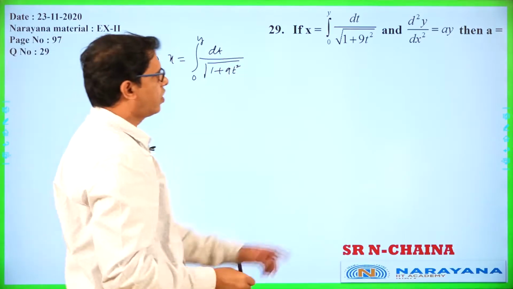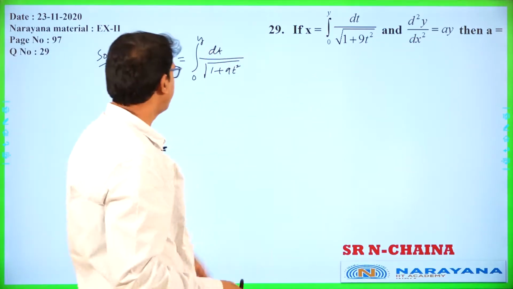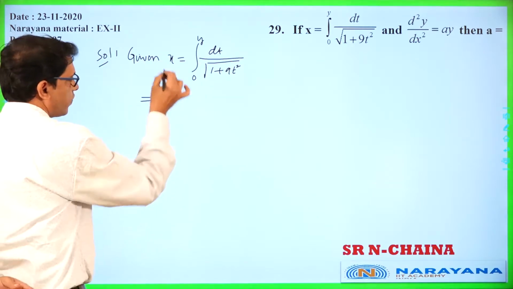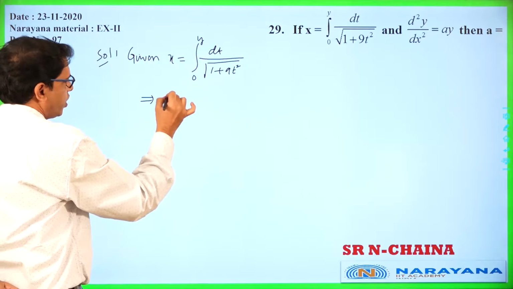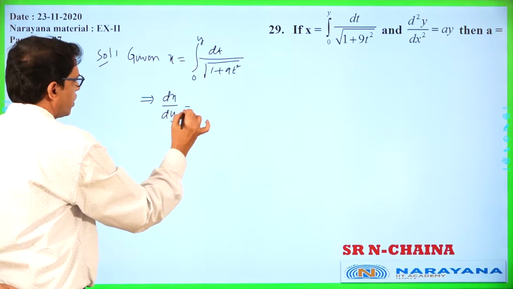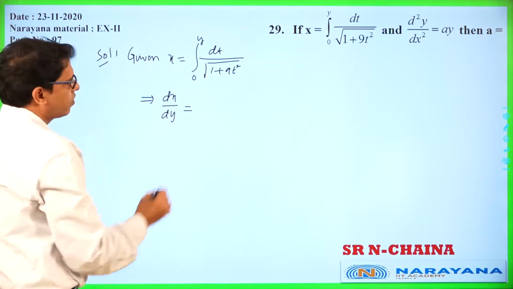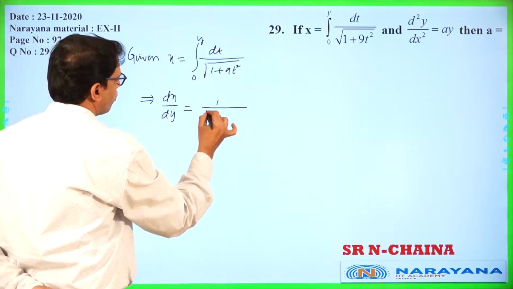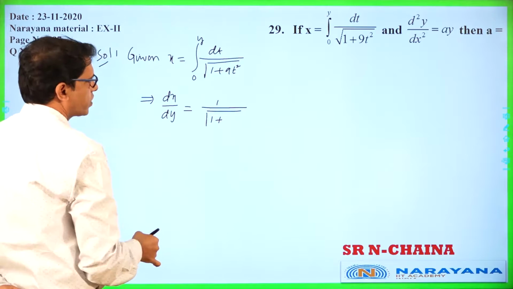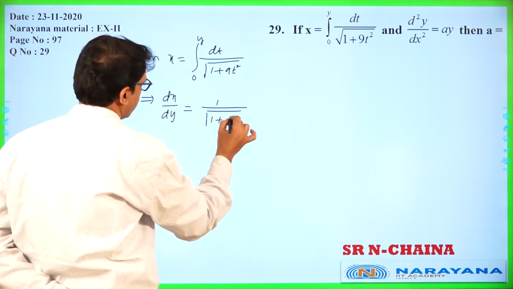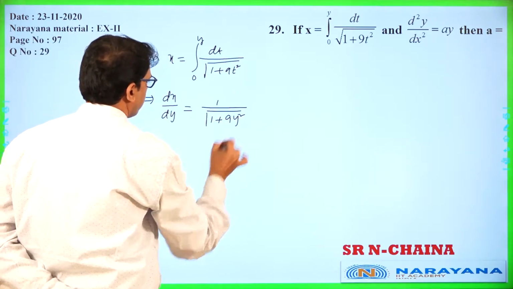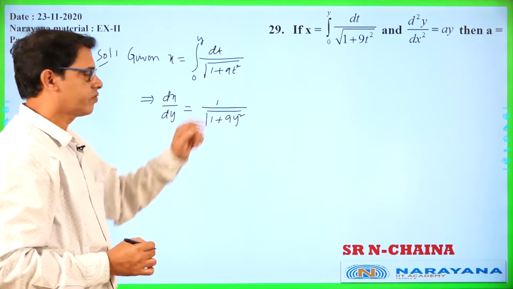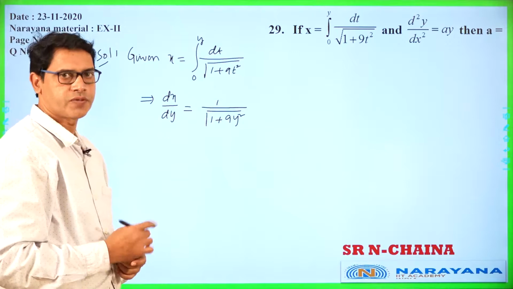Now dy by dx is required. What I am doing is differentiating with respect to y, so dx by dy. Here Leibniz rule again. Wherever t is there, write y, the upper limit: 1 by root under 1 plus 9y square, into the derivative of y, which is 1, because we are differentiating with respect to y.